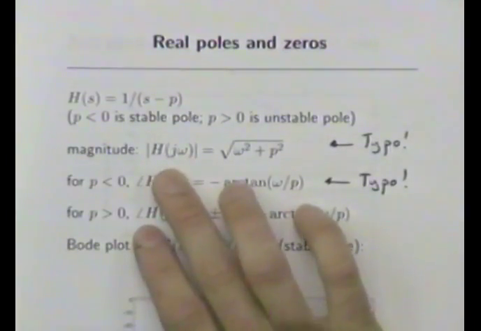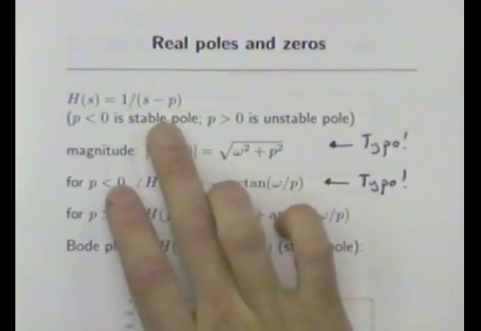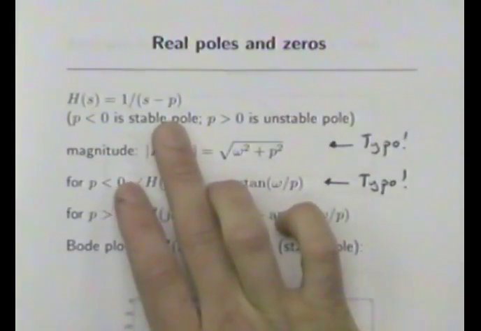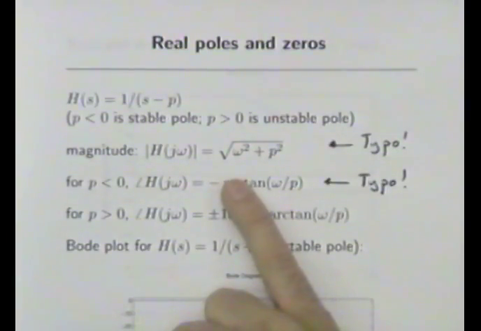in finding the expression for the magnitude. If this is a pole at p, then can you tell me what the transfer function should be here? What the magnitude should be here.